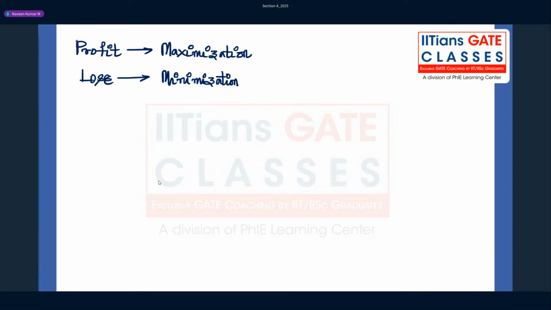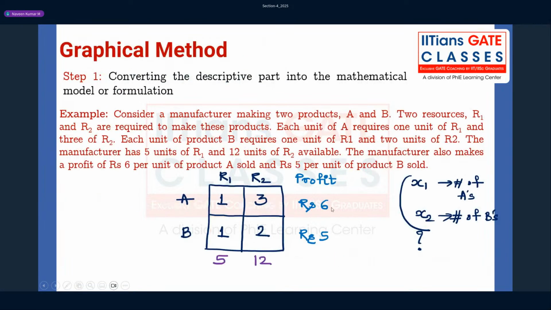Now, if you try to understand the profit equation in our case, that is the objective function. I'll write Z as the total profit: 6 into x1, 5 into x2.